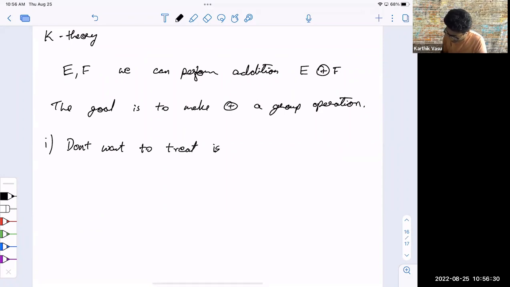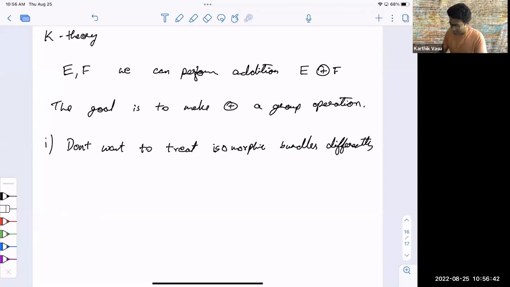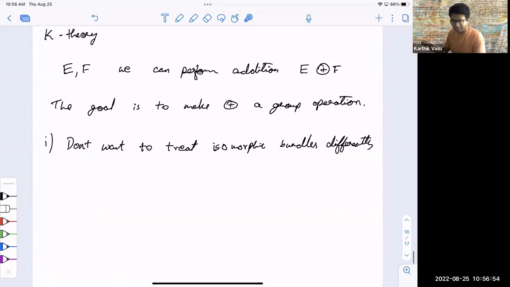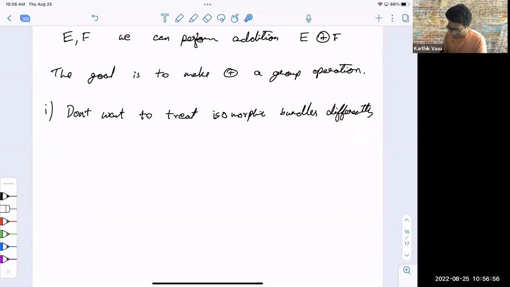We don't want to treat isomorphic bundles differently because we are trying to capture the topologically interesting twistings that are in these bundles. We are not looking for the trivial stuff. As in, if two things are the same, we don't want to keep them as two elements of our group. Okay, so we want to keep isomorphic bundles as the same. If we want this to be a group, we want the cancellation property.